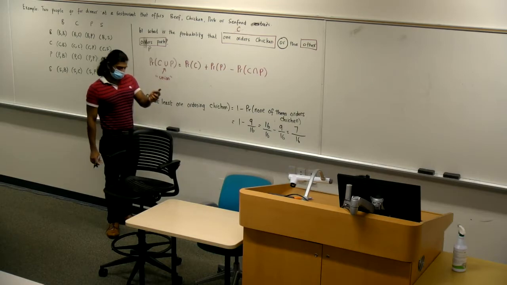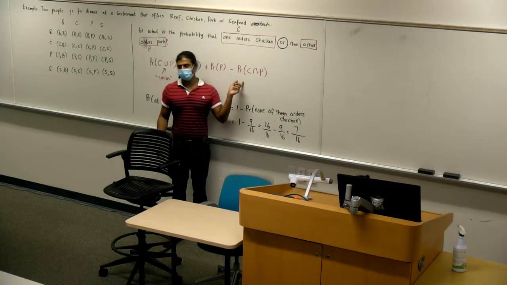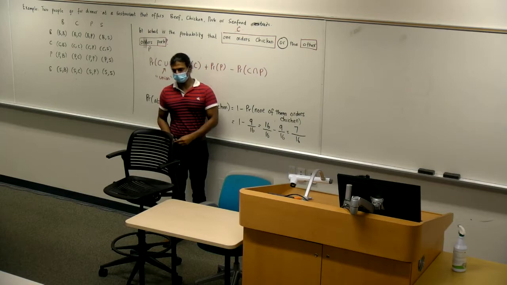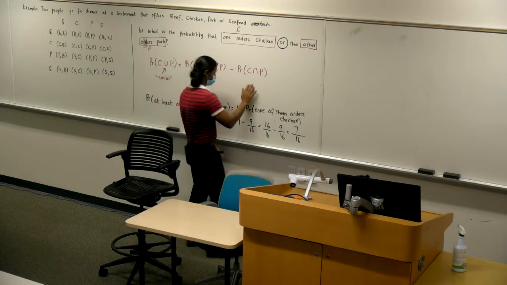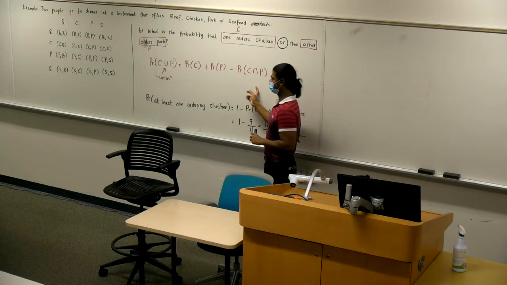So first thing that you want to ask would be, are these two events mutually exclusive? In the sense, if one occurs, the other cannot occur simultaneously. No. These two events are not mutually exclusive, so that probability cannot be zero.